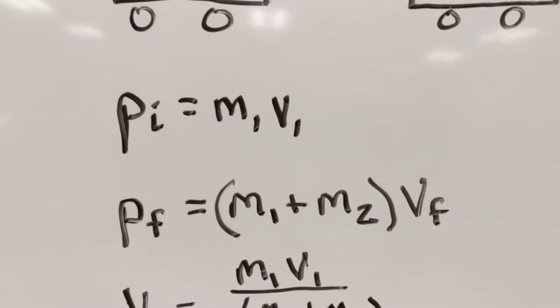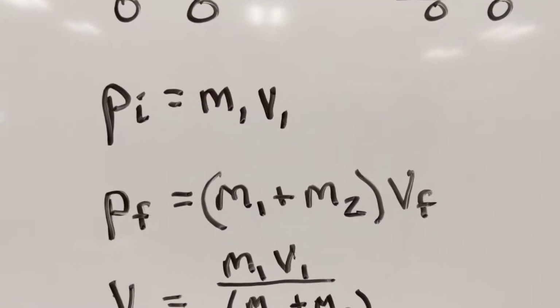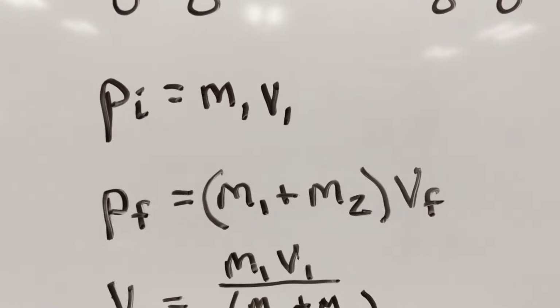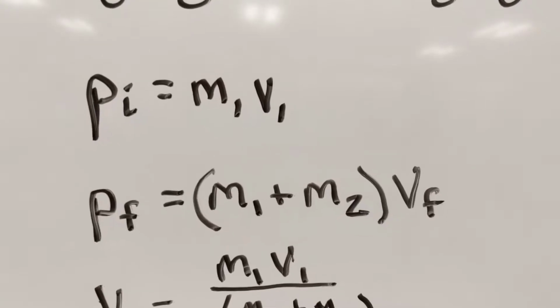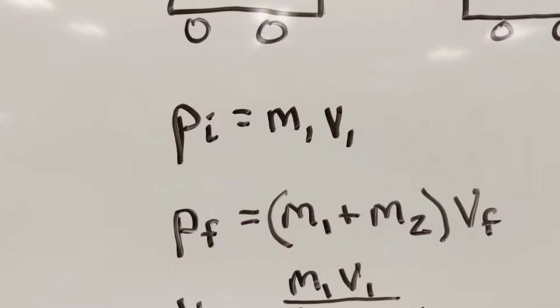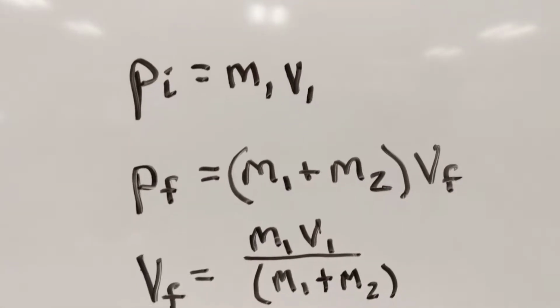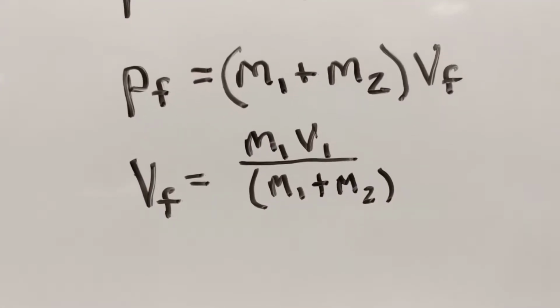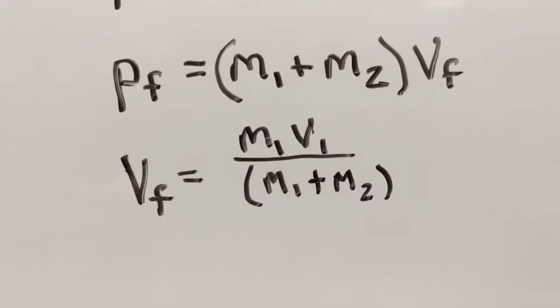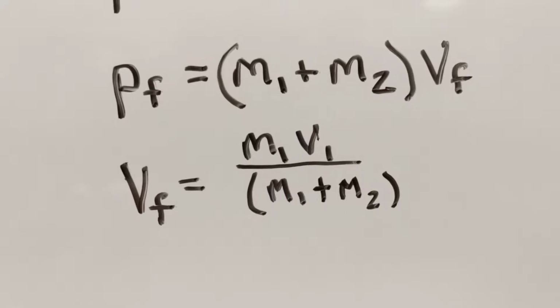The final momentum will be m1 plus m2 times v final. And because the final momentum has to equal the initial momentum, we can solve for the final velocity. The final velocity should be m1 v1 over m1 plus m2.